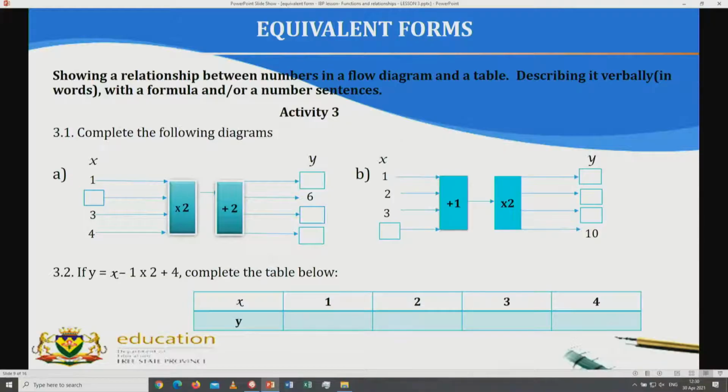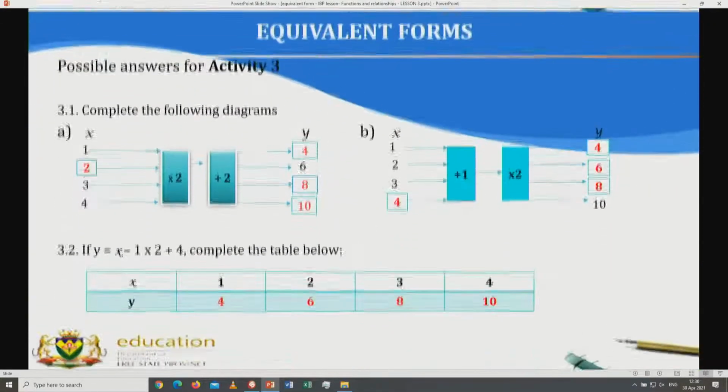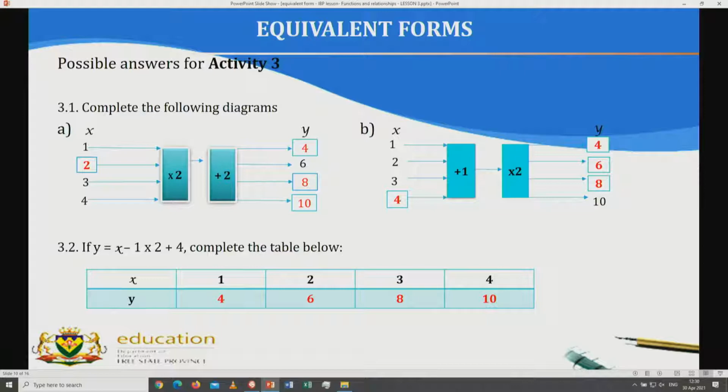Let's check our outcomes. For flow diagram A and flow diagram B, we have the same input values for the same output values. And for 3.2 as well, which is our table, we have the same input values for the same output values.